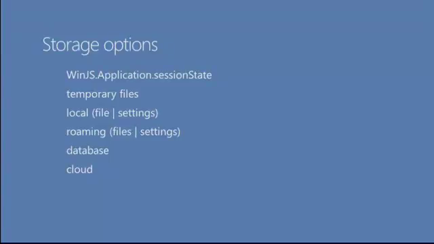So let's look at the different ways that we implement the session data and user settings, application data, and user data. And those are through this WinJS implement called the session state. And session state is for application state. It's for remembering, for instance, what page the user was on, remembering what they had filled out in a form that they haven't finished filling out yet.